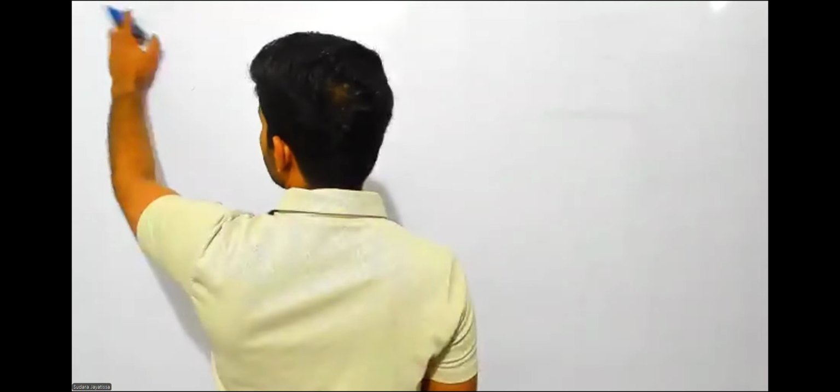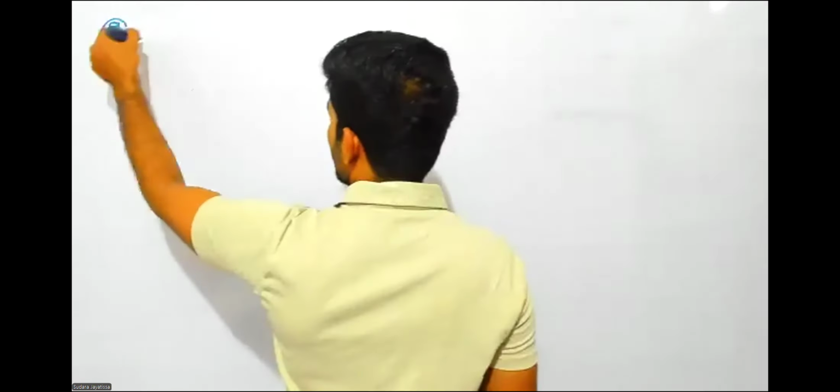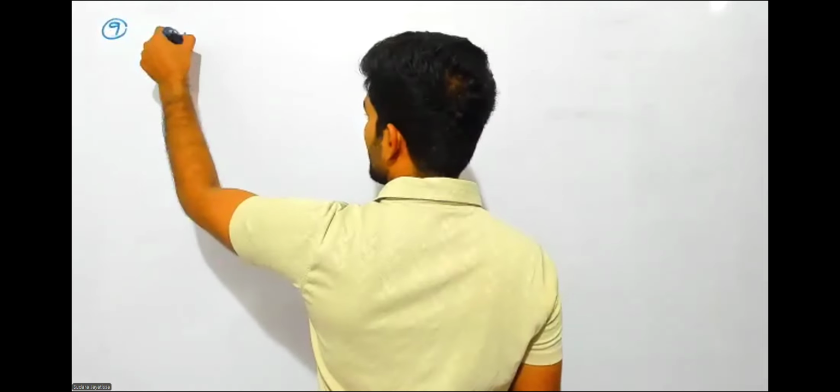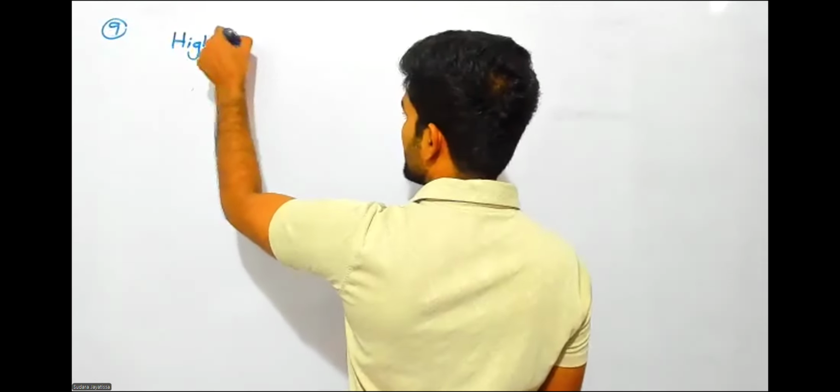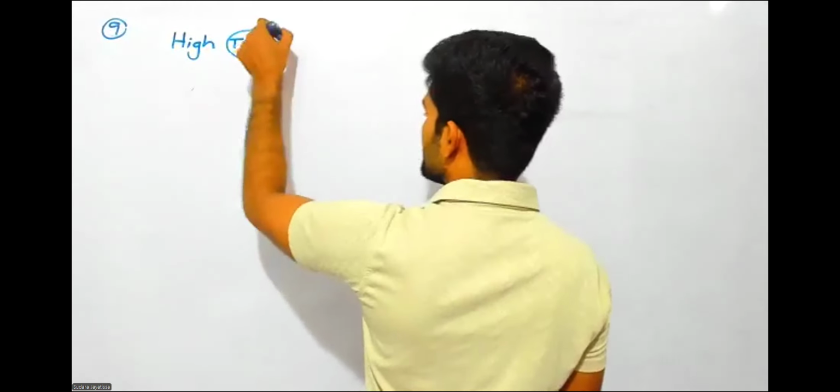Question number 9. Okay, so what is happening at high temperature? At high temperature, the kinetic energy of molecules is getting higher. Therefore, intermolecular attractions are weakened.